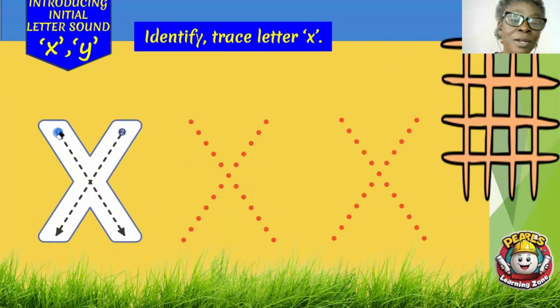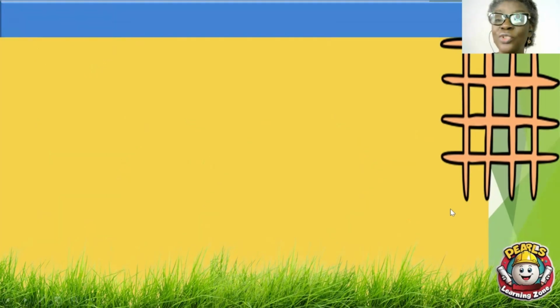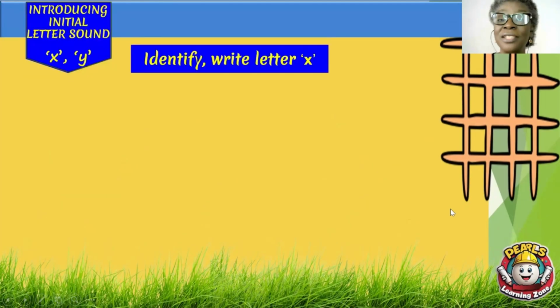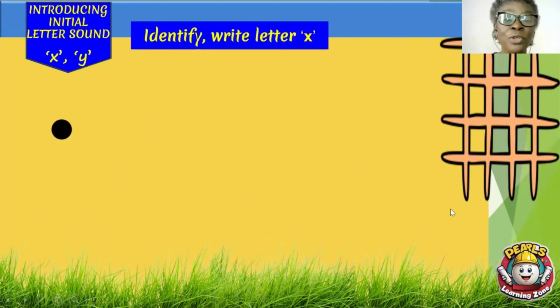How to write it all by yourself. So all you have there is just a point where you start. Let's go to the next page where you write it all by yourself. You only have the three dots to give you a sense of where to start.